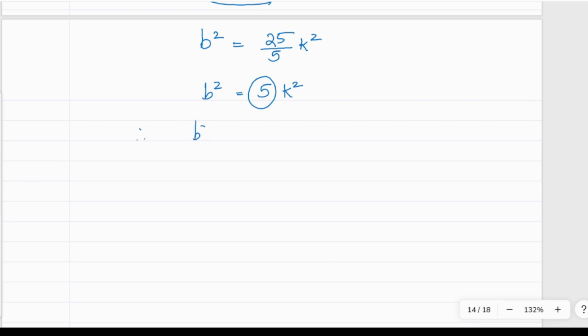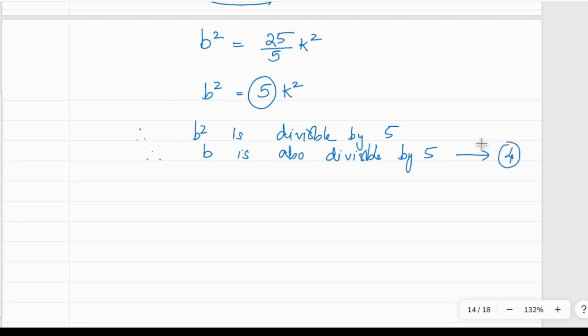Therefore, b square is divisible by 5. So in this step, I can write b square is divisible by 5. If b square is divisible by 5, therefore b is also divisible by 5. Correct. So for this one I'm giving the equation number 4.